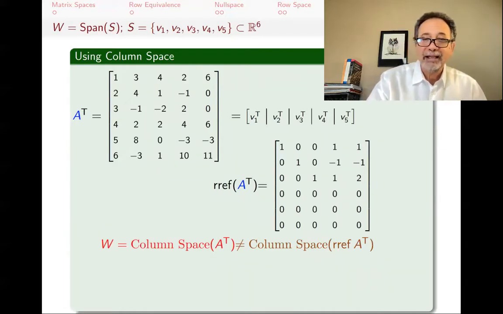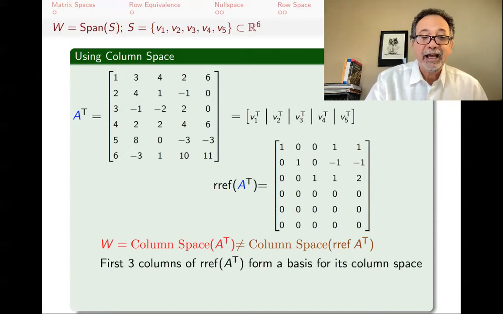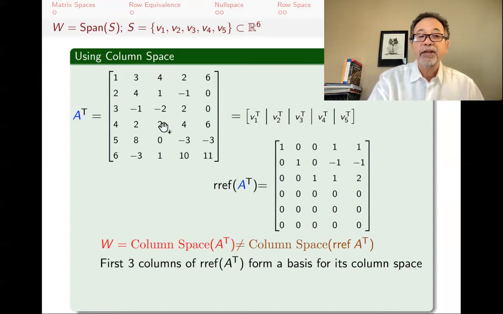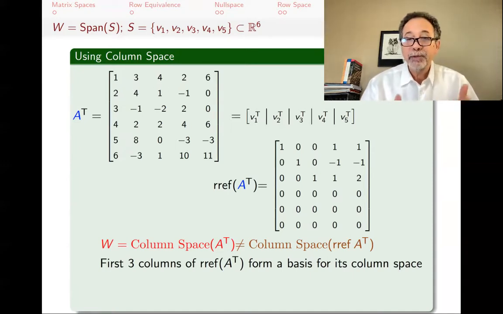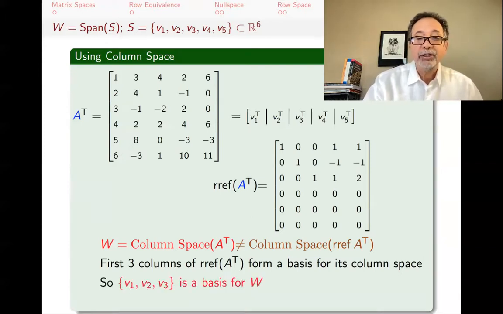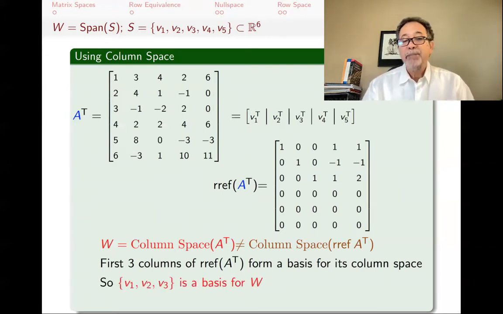We know that, so that's not going to be helpful, but we see that the first 3 columns of the reduced row echelon form of A transpose form a basis for its column space. So the first 3 columns of A transpose are going to be a basis for its column space, but that column space is W. And so now I know that V1, V2, and V3 are a basis for W.